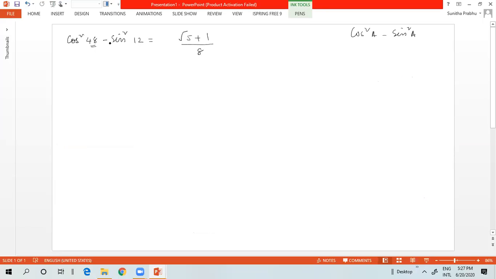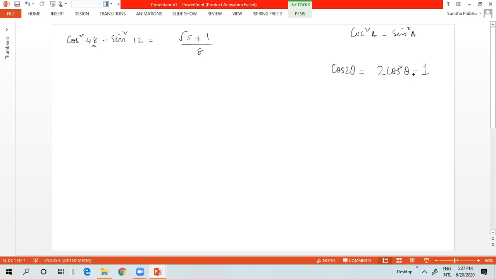What we can do here is write this cos square in terms of cos 2 theta. Look here, we have this formula: cos 2 theta is 2 cos square theta minus 1, correct? Yes, sir.